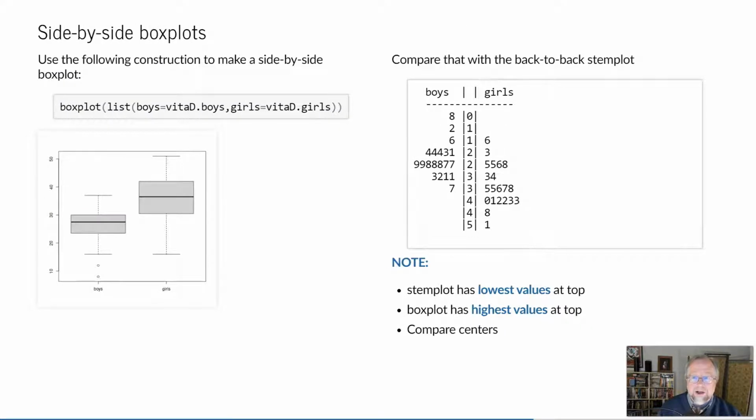Now, side-by-side box plots are a piece of cake. It's great. So once the data is in R, which I've already done, I use boxplot. I do list. I name the first, I name the second. I tell you the variable. And so we get the box plot for the boys, we get the box plot for the girls. You can compare and contrast that. Now bear in mind we drew our stems with a small number on top, so the fact that this looks higher is somewhat misleading.